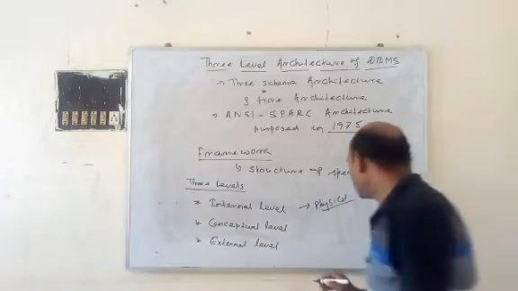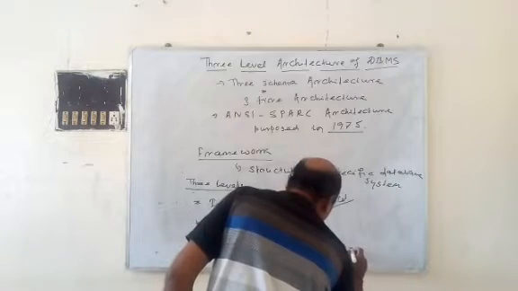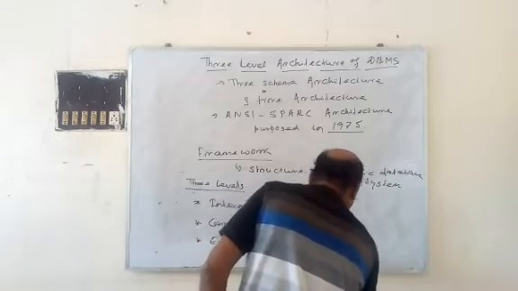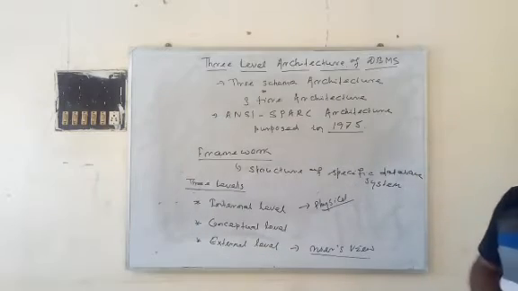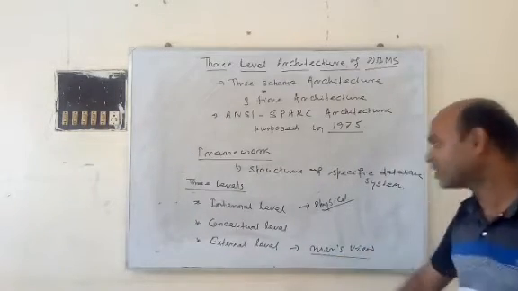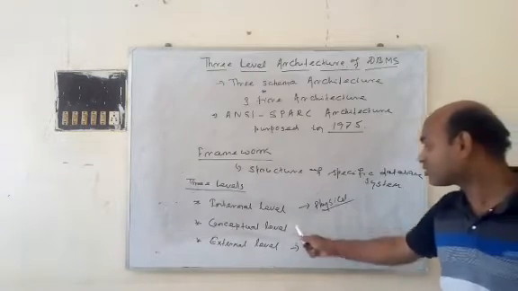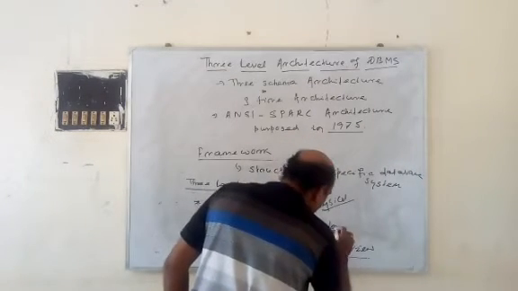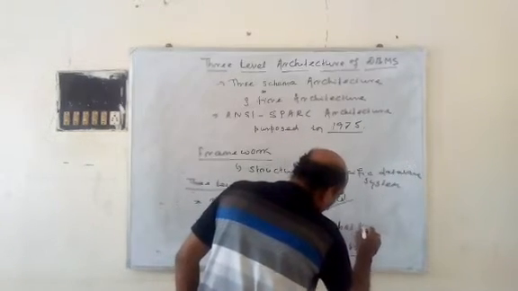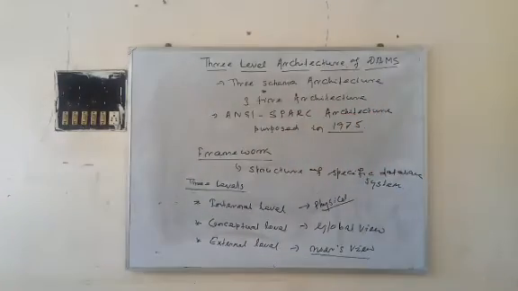Then the external level is the user level or user view. What users are accessing from the database management system will be from the external level. And in between the internal level and the external level, there is the conceptual level, that is for the global view, or community view.